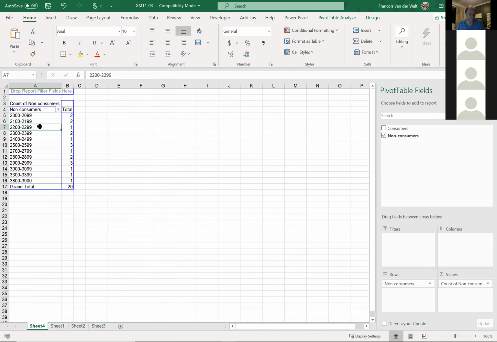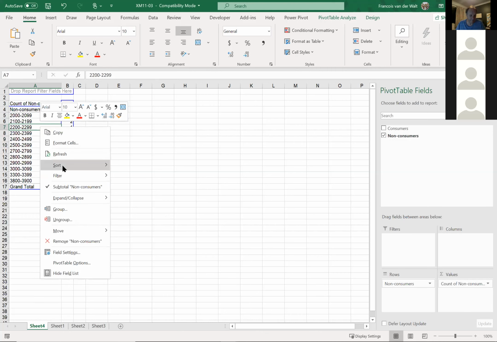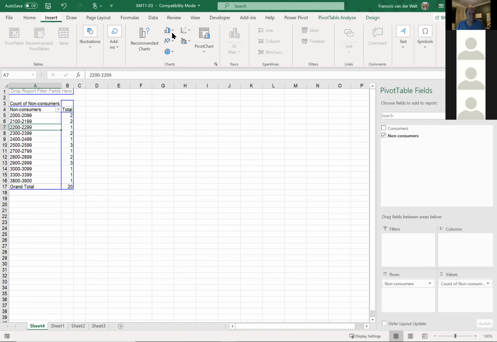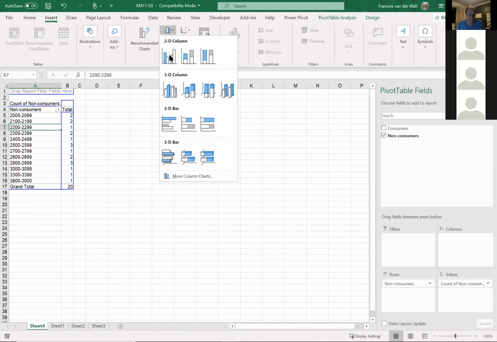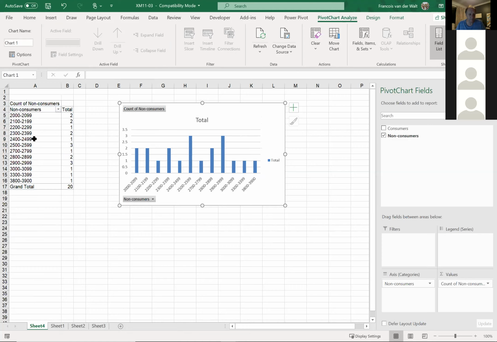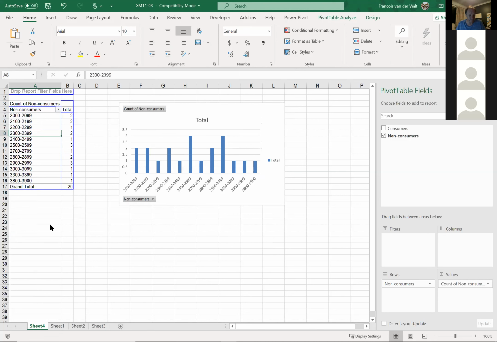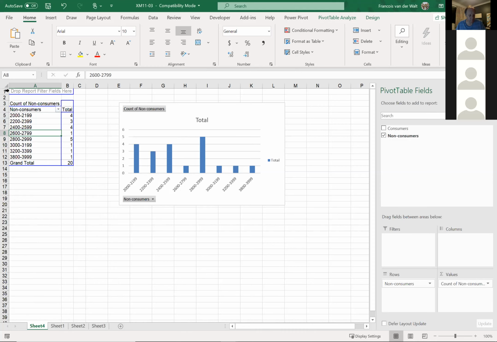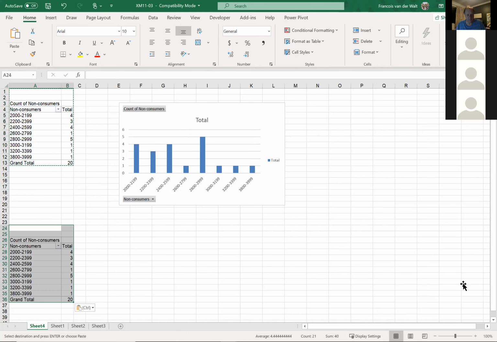Okay, let's see, insert. Okay, that's how that one looks. I'm just going to make this groups of 200. Make a copy. Let's see if I can get it right now.